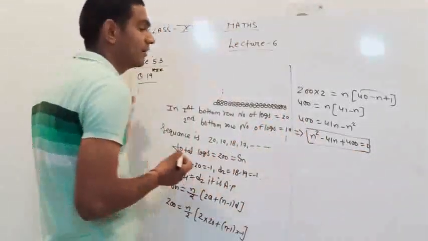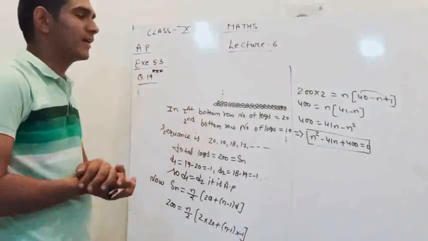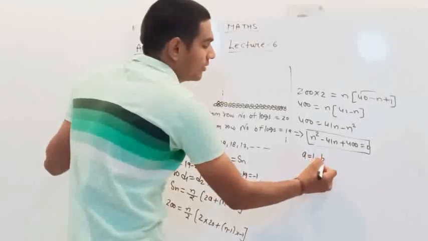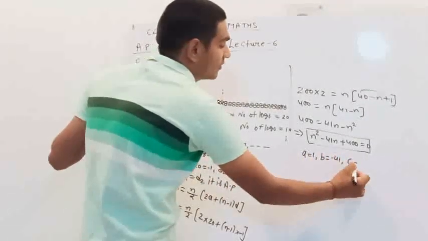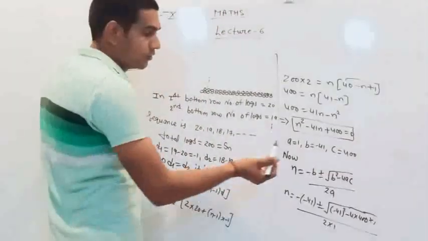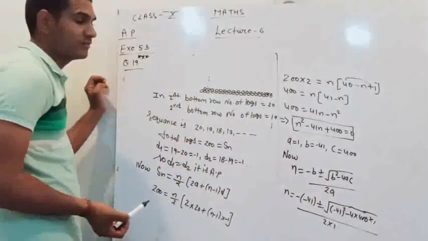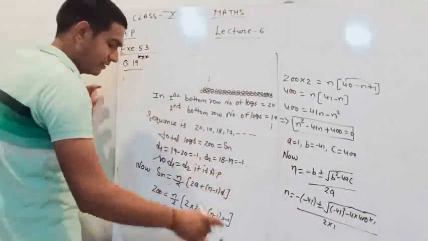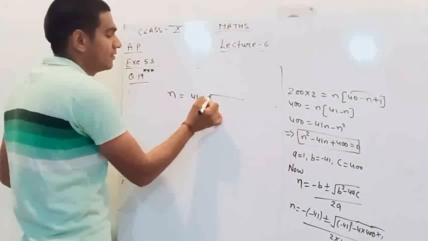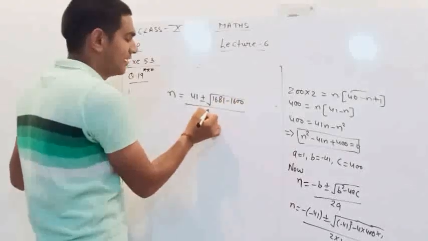Now we get a quadratic equation. This quadratic equation we can solve by either the factorization method or the quadratic formula. What is the value of a? It is 1, b is minus 41, and c is 400. Using the quadratic formula, n equals minus b plus minus root of b square minus 4ac, divided by 2a. So n equals 41 plus minus root of 41 square, which is 1681, minus 1600, divided by 2.